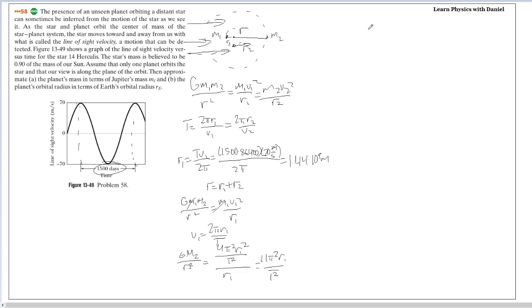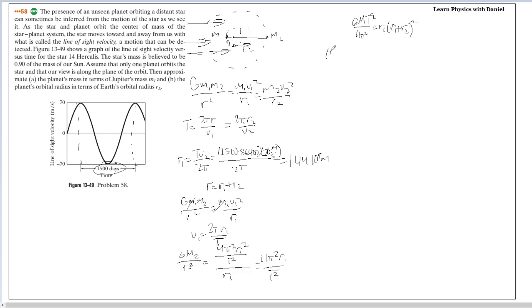So if we move up here, because I'm running out of space, we can see that G M T squared over 4 pi squared equals r1 times (r1 plus r2) squared if we move some stuff over, including plugging in r equals r1 plus r2.